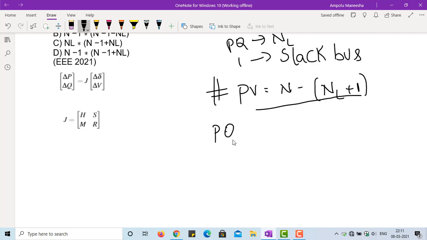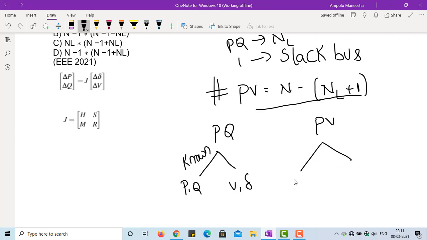PQ buses means known values are P and Q, right? P and Q. Unknown values are V and delta. Similarly, for the PV buses, known values are P and V. Unknown values are Q and delta.